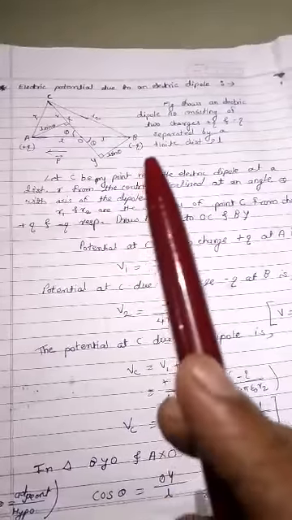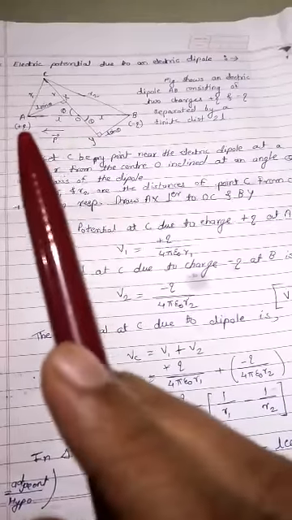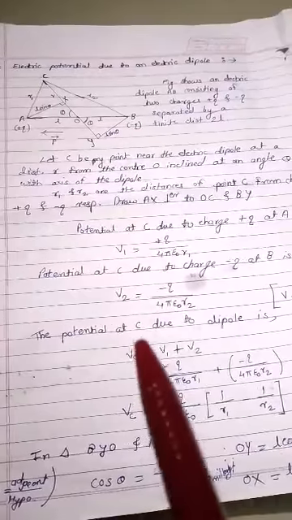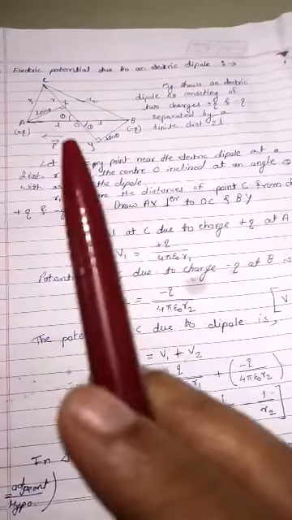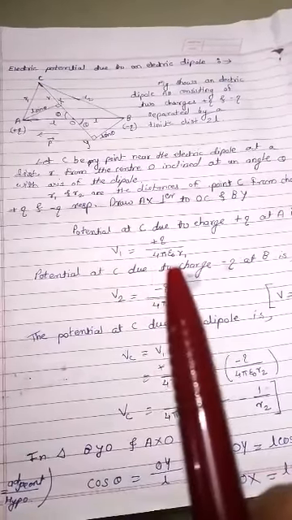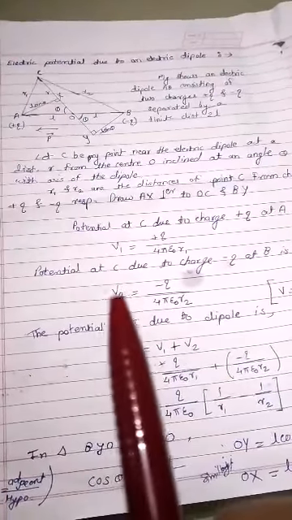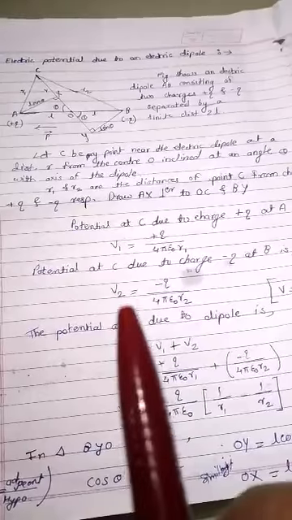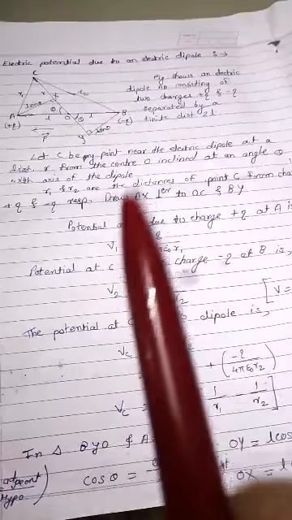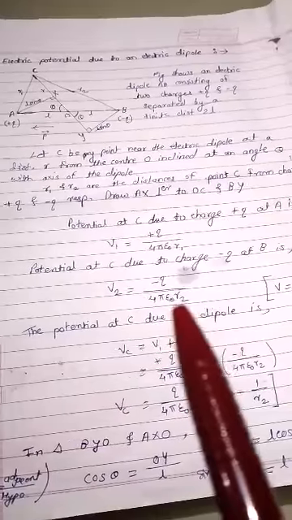At point A we consider a potential V1 and at point B a potential V2. The formula for V1 is plus Q upon 4 pi epsilon naught R1, where R1 is the distance from A to C. Similarly V2, the potential at point C due to charge minus Q, is minus Q upon 4 pi epsilon naught R2.